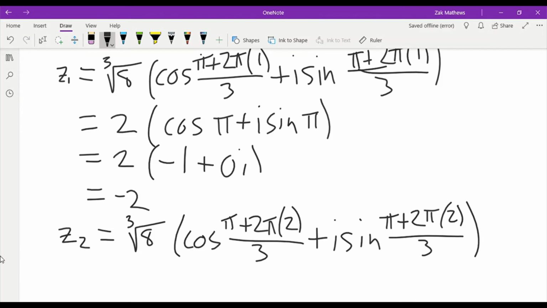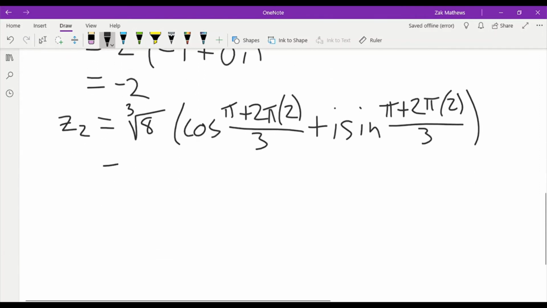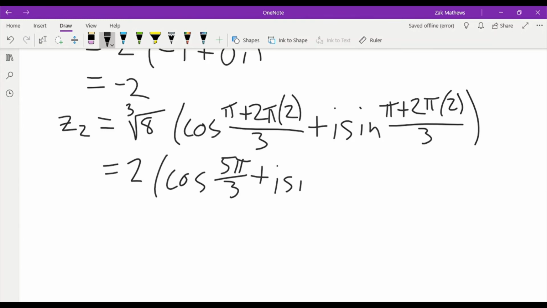And when I simplify, the cubed root of 8 is 2. 2 pi times 2 here will give me 4 pi. Add another pi, that'll give me 5 pi over 3. Plus i sine of the same. So i sine of 5 pi over 3.